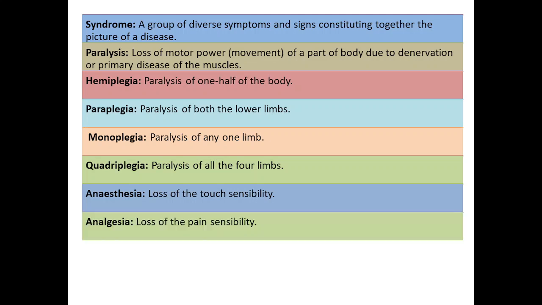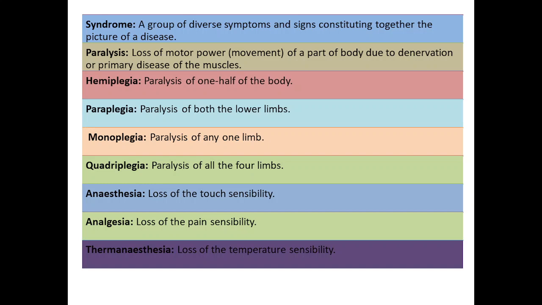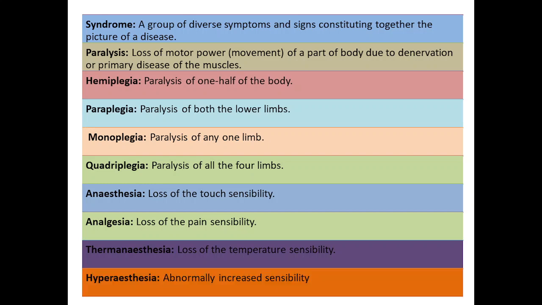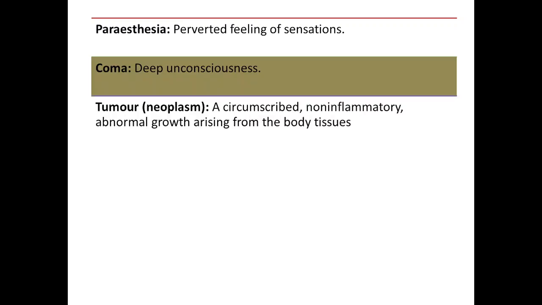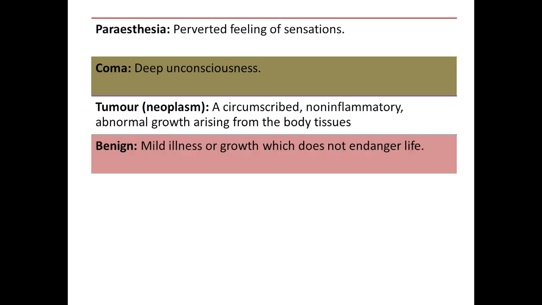Analgesia is loss of pain sensibility. Thermanesthesia is loss of temperature sensibility. And hyperesthesia is abnormal increased sensitivity to temperature. Then paresthesia is perverted feeling of sensations. And coma is deep unconsciousness. Tumor is a circumscribed, non-inflammatory abnormal growth arising from the body tissue.